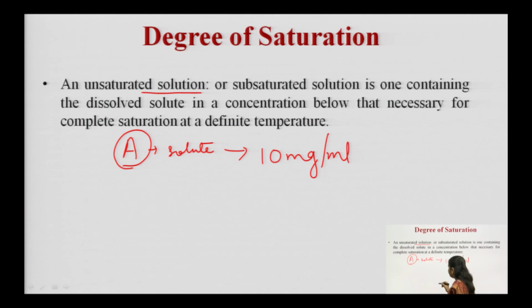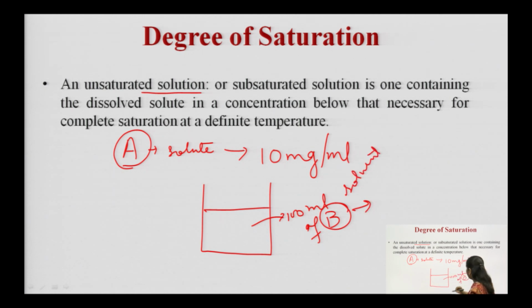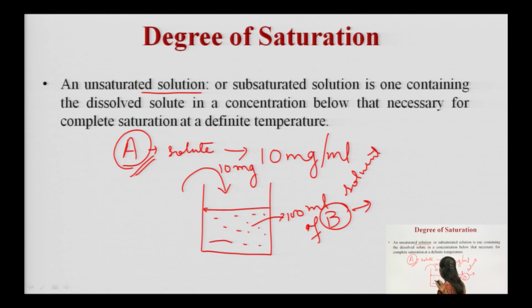Now, if I take a container containing 100 ml of solvent B, suppose B is taken as the solvent, then if I add 10 mg of A and then I just stir it and it forms a homogeneous molecular dispersion.